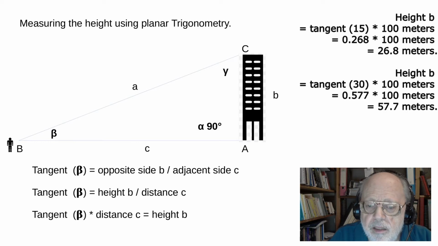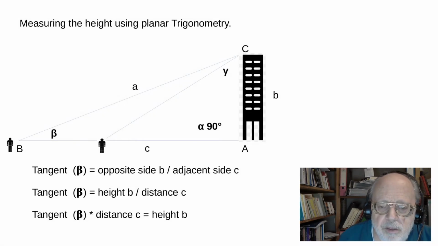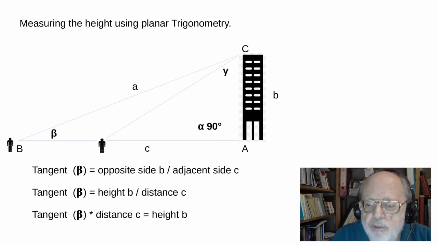On the other hand, if we see the upper edge of the neighboring house at an angle of 30 degrees, we calculate the height to 57.7 meters. If people stand 200 or 50 meters away from the house instead of 100 meters, they will of course see it from a different angle.